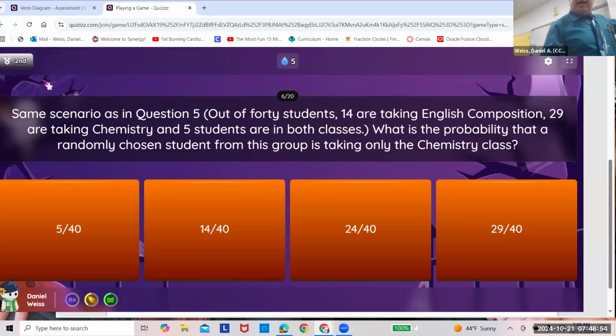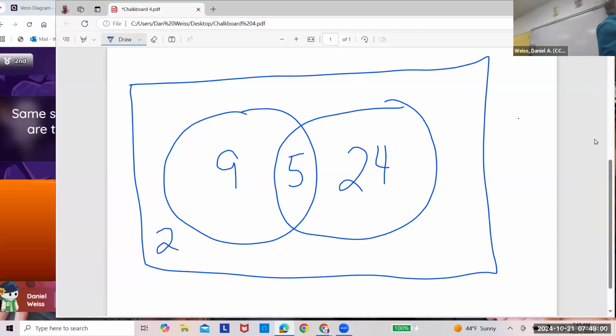Oh, sorry. That first one was English. The second one was chemistry. So that's 24. Right? The first one, this one is English. This one is chemistry. Okay, so 24 only chemistry.